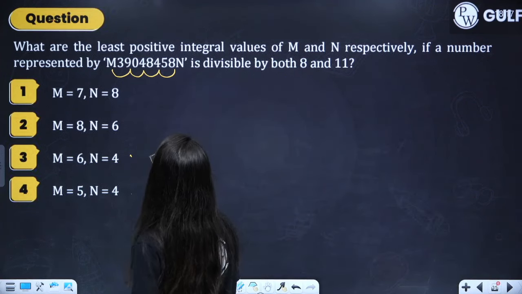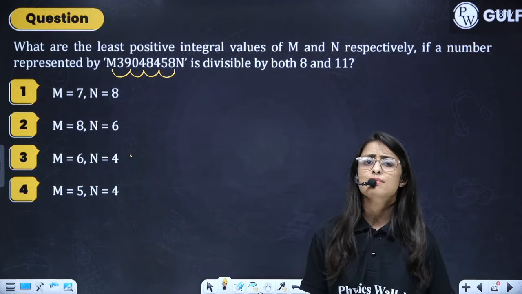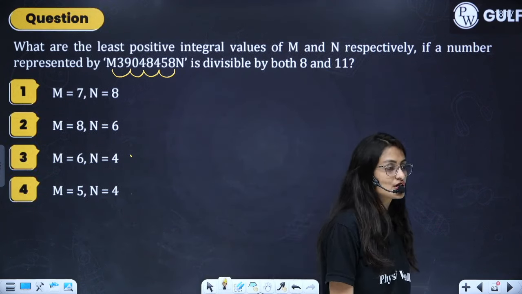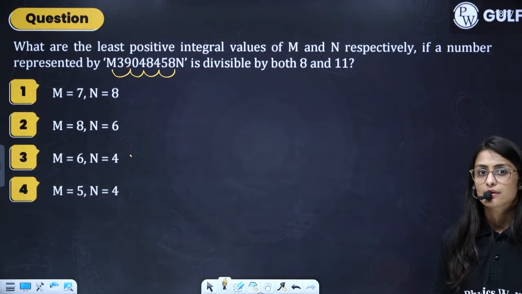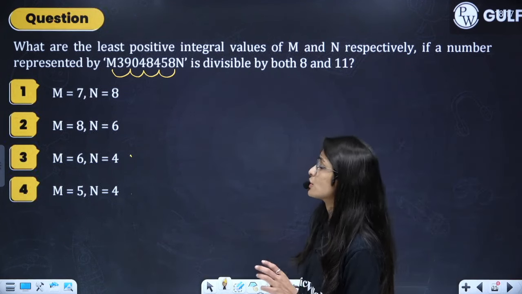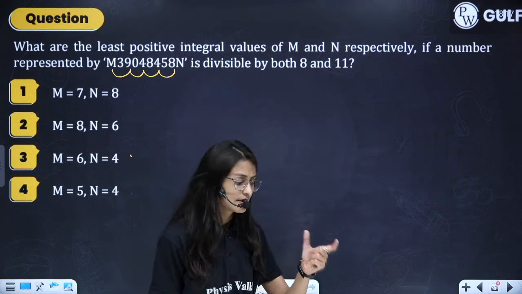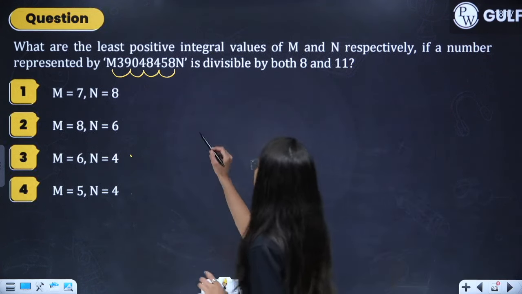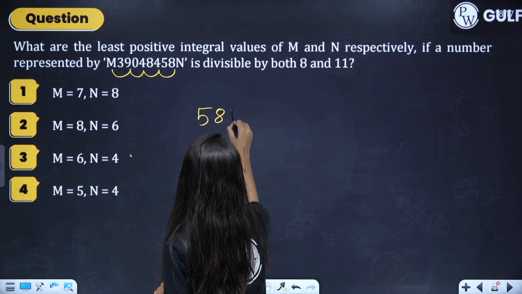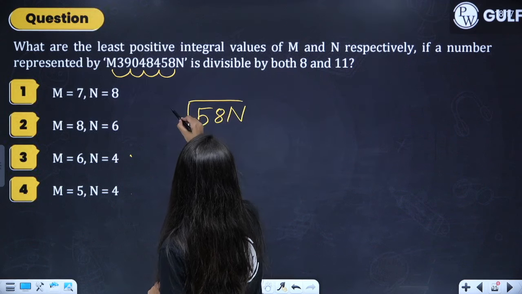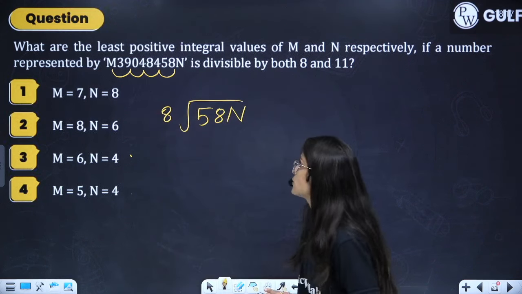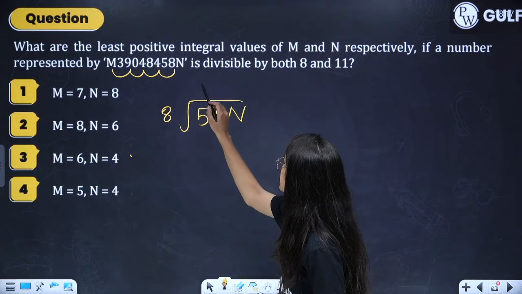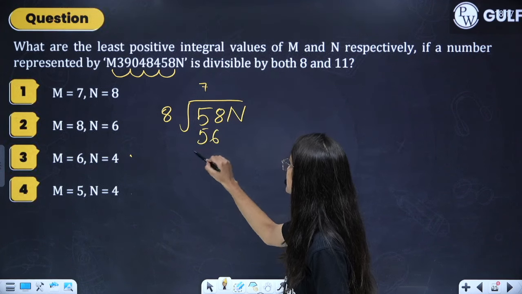So first of all, let us apply the divisibility of 8. Why am I applying it first? Because the divisibility rule of 8 says that if the last three digits of the number are divisible by 8, then the full number is divisible by 8. So I will simply try to divide 58n by 8, right. I can see that 8 sevens are 56, getting 2 as a remainder.